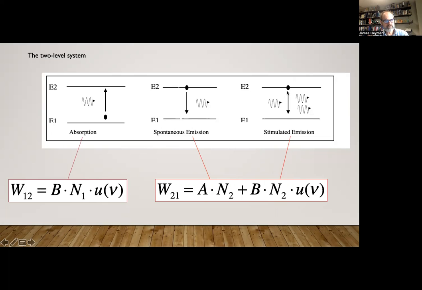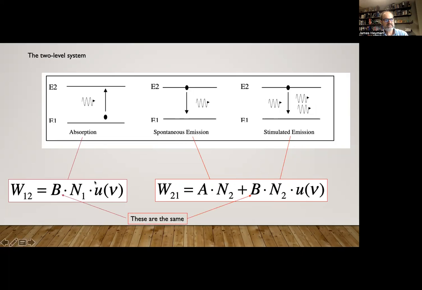The second process, stimulated emission, also depends on the number of atoms in the upper state, but it has to depend on the light intensity as well, because we need photons in order to drive this process. Finally, it depends on a constant here, which again contains all of the rest of the physics that we're not interested in talking about.